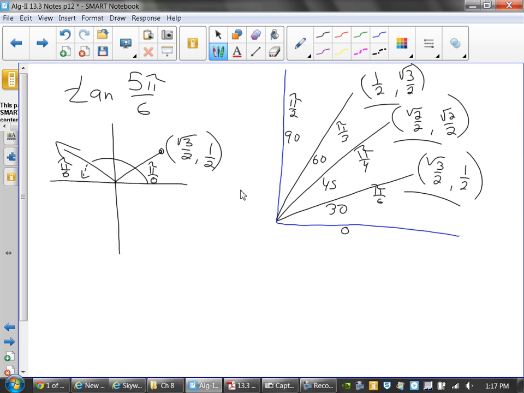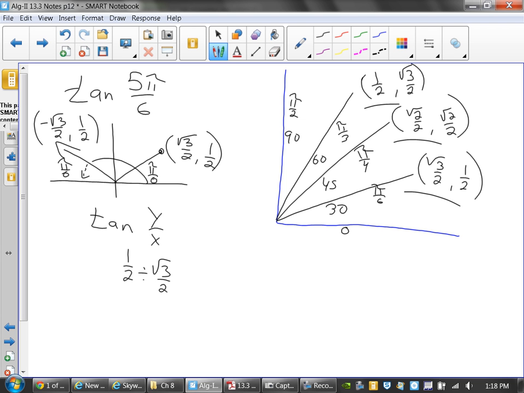So over here, that means this ordered pair is going to be negative root 3 over 2 and 1/2. Now, when I'm working with tangent, it is y over x. Do you agree? So that means I can write this as 1/2 divided by root 3 over 2.